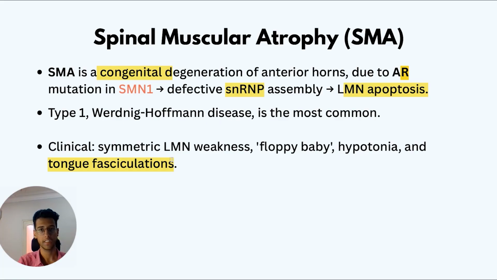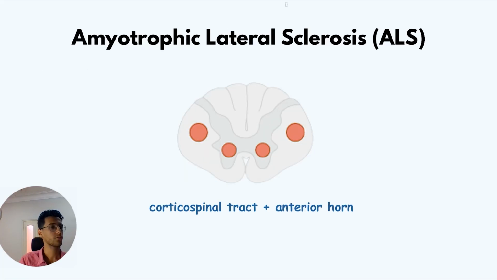and USMLE exams. Amyotrophic lateral sclerosis affects the lateral corticospinal tract. So you will ask, when we affect the lateral corticospinal tract, will it be an upper or lower motor neuron lesion? You will say it will be an upper motor neuron lesion because we cause injury and affection of the white matter.